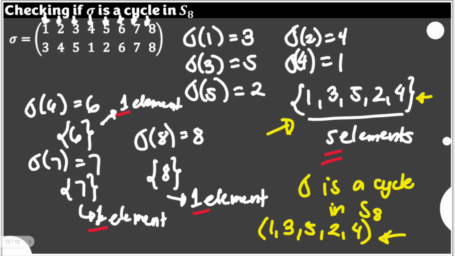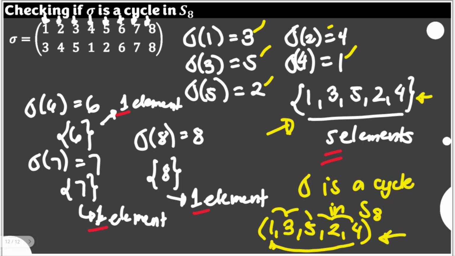With this, you could see the idea that 1 is being mapped to 3, 3 is being mapped to 5, 5 is being mapped to 2, and 2 is being mapped to 4. And it will go around since it's a cycle: 4 will be mapped to 1. As mentioned here, 1 to 3, 3 to 5, 5 to 2, 2 to 4, and then 4 to 1.